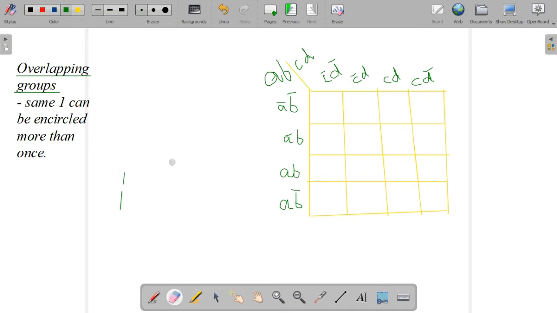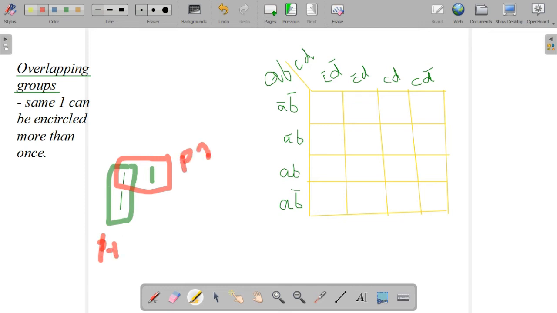Yes. Okay, this is overlapping. So this is pair 1. Even I am just writing, this is pair 2. So in pair 1, one value is overlapped by another pair, that is pair 2.